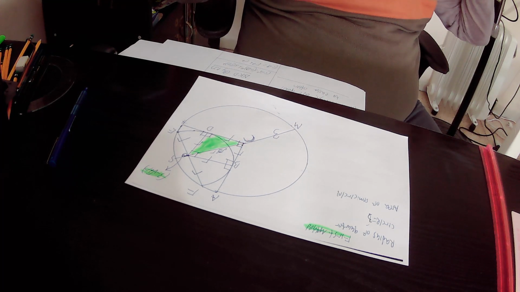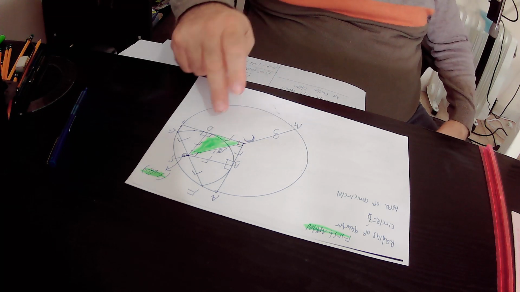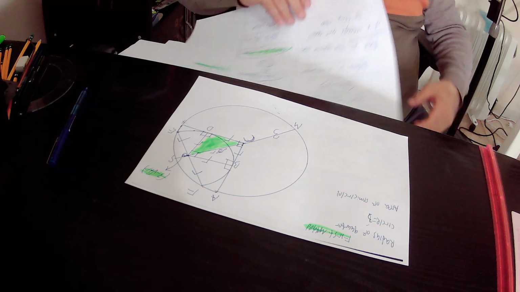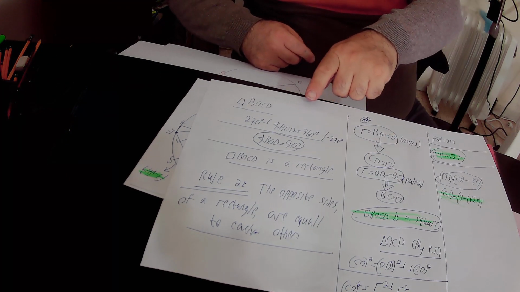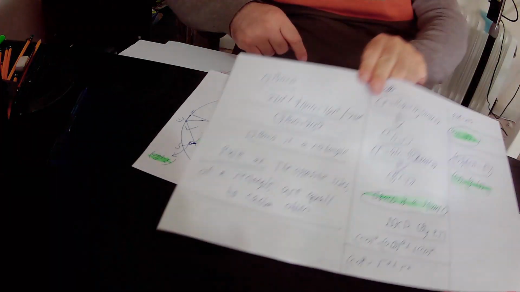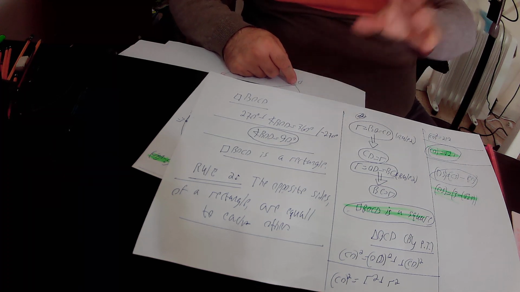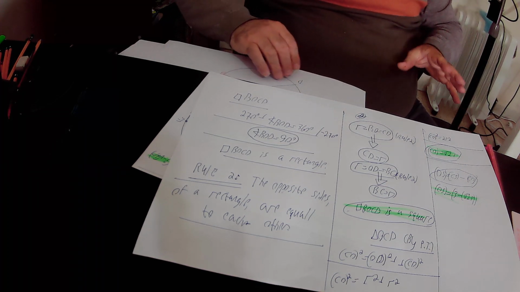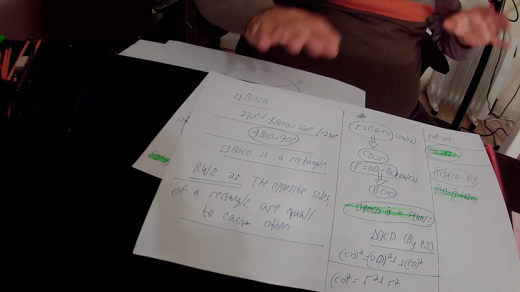Therefore, in quadrilateral BOCD we have three right angles. 1, 2, 3. And the sum of three right angles is 90 times 3, that is 270 degrees, plus the size of the fourth angle, that is actually angle BOD. In total, the sum of those four angles must be equal to 360 degrees, according to the rule that the sum of the angles in any quadrilateral is equal to 360 degrees.